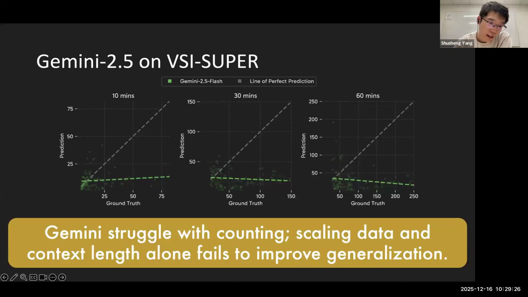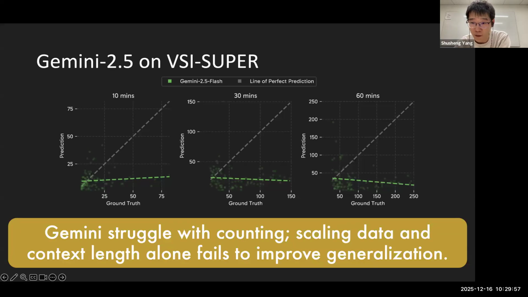So here, every point, the x-axis is the ground truth value, and the y-axis is Gemini's prediction. And we can find that Gemini's prediction is always confined in a certain range. For example, in this 10 minutes version, Gemini's prediction is always below 25. And in this 30 minutes version, Gemini's prediction can hardly go beyond 50.